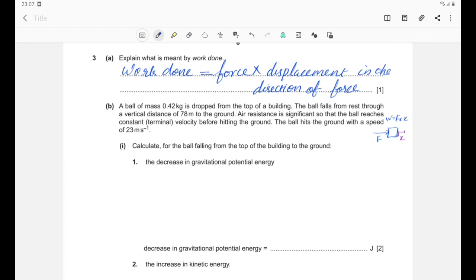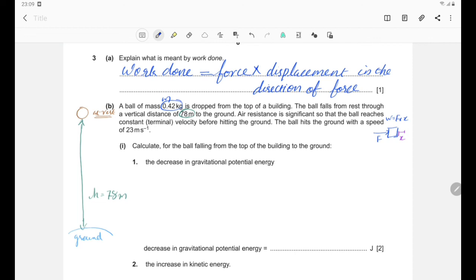So in this question, we have a ball which is initially at rest and which is 78 meters above the ground. So the height is 78 meter. Mass of the ball is given, that is 0.42 kilogram, and because of the air resistance, after traveling some distance, the ball reaches its terminal velocity.